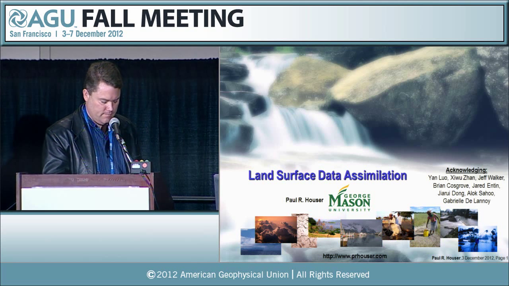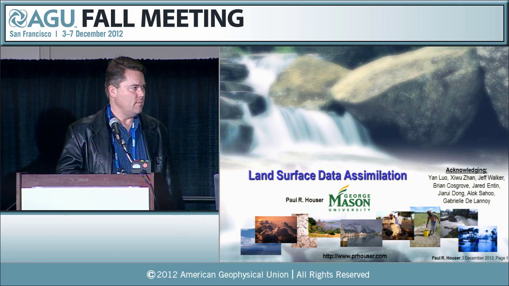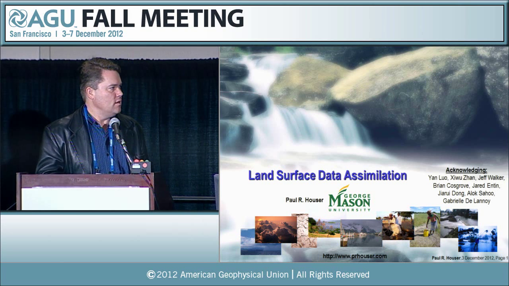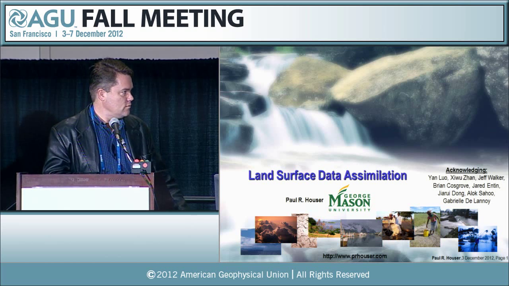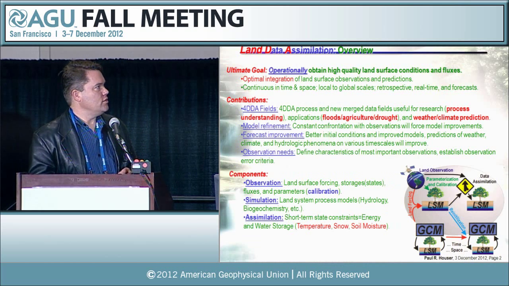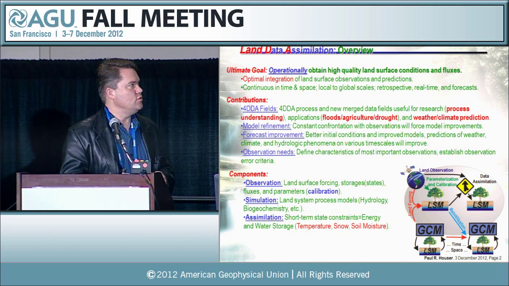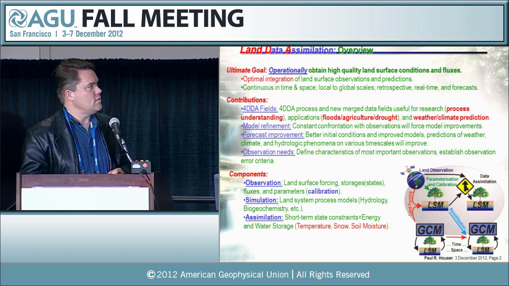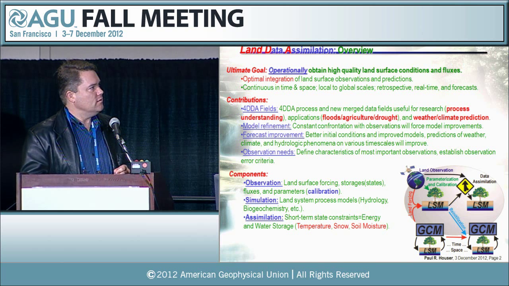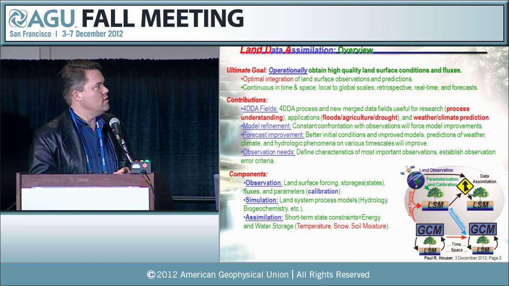Okay, I'm from George Mason University. I'm going to be talking more generally about land data assimilation, with a few examples from snow. Our goal for land data assimilation is to optimally integrate land observations and predictions to produce better continuous time-space fields of various land surface quantities.